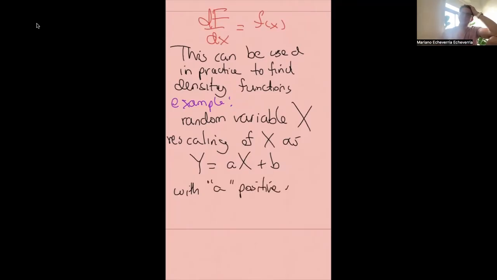So the question would be: if you know the density function of x, what's the density function of y?